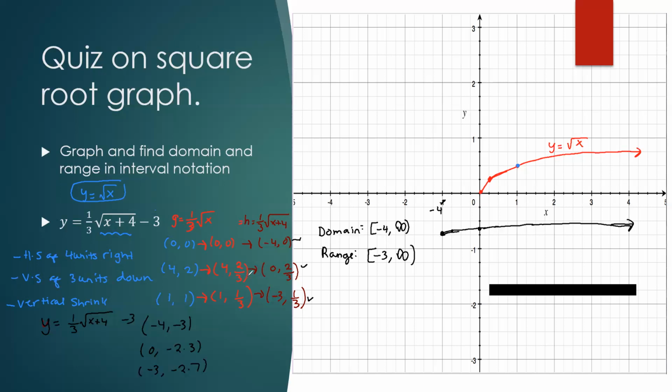What is 2/3? About 0.7. And then 1/3 is 0.3. So 0.7 would be right about here, 1, 0.3 is right here, and 0, 0 is right about here.